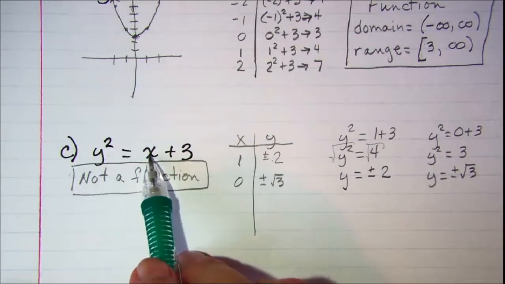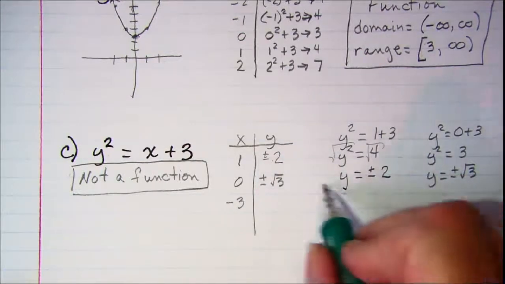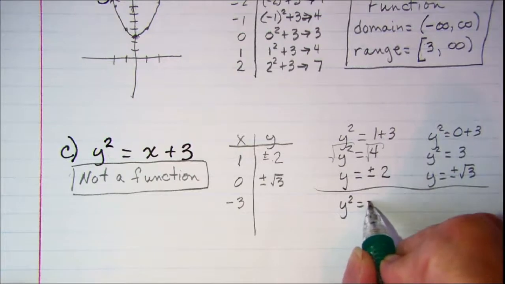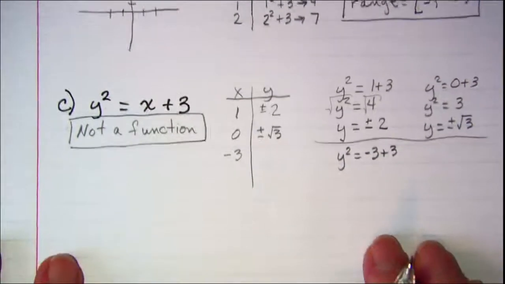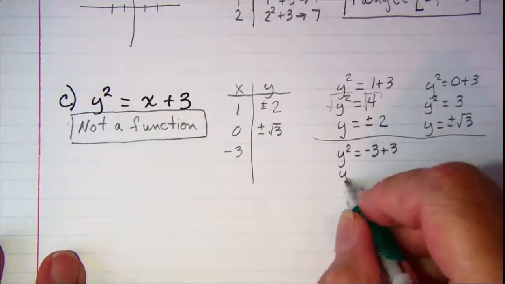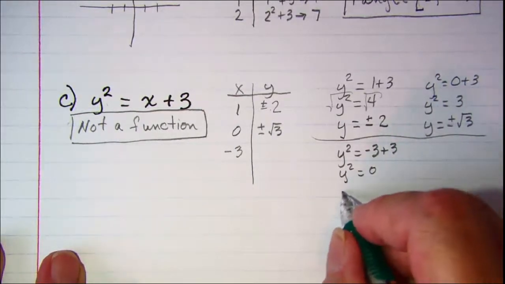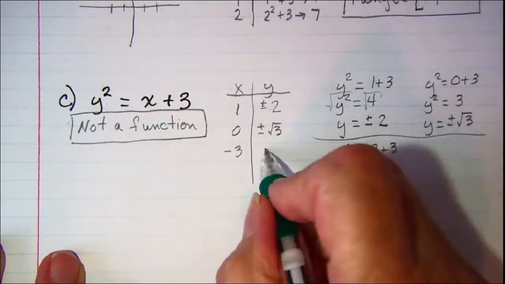And let's let x equal negative 3. When x is negative 3, we have y squared equals negative 3 plus 3. Y squared equals 0. Now there's no plus or minus on 0, so y equals the square root of 0, which is 0.